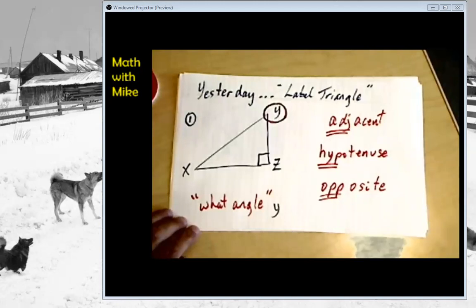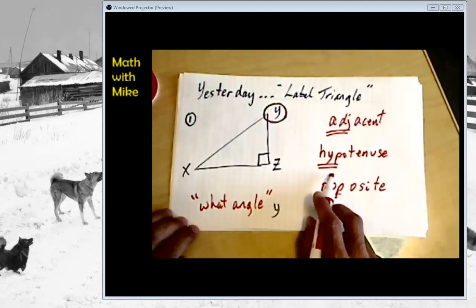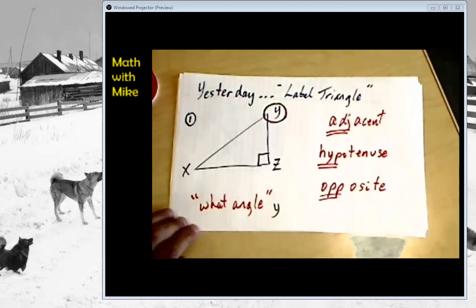Top secret? Okay, which side is the hypotenuse then? Okay, you can't keep that secret. What's special about the hypotenuse?